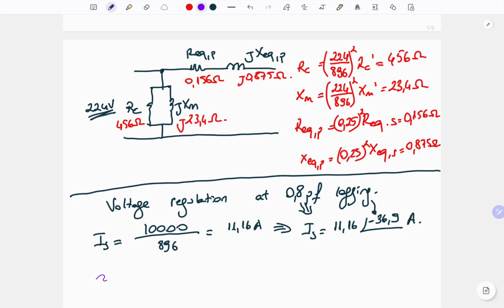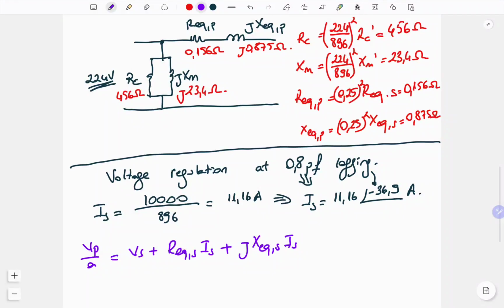Okay, now we can calculate Vp over A, which is equal to the secondary side no load voltage value. So it will be Vs plus the voltage drops of the series connected components in the equivalent circuit. So R equivalent secondary times IS gives us the equivalent resistance voltage drop, and similarly the leakage reactance voltage drop must be added.